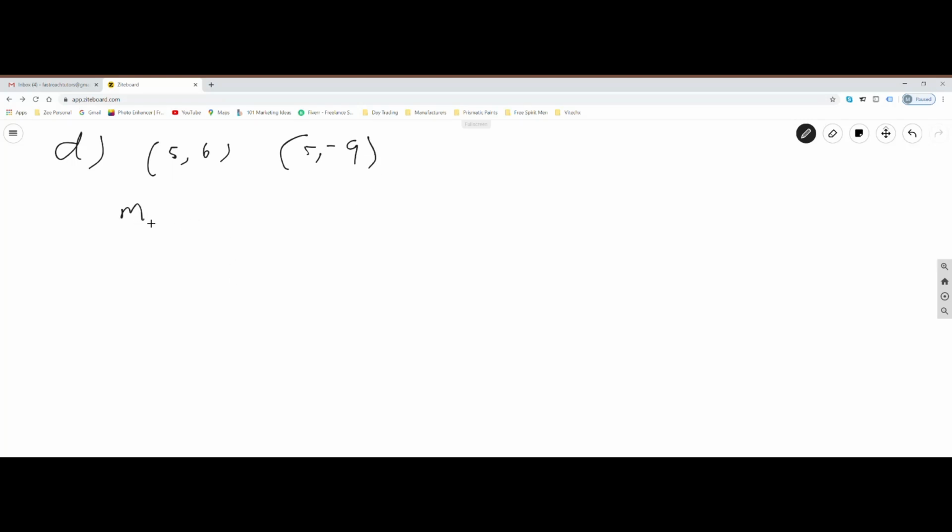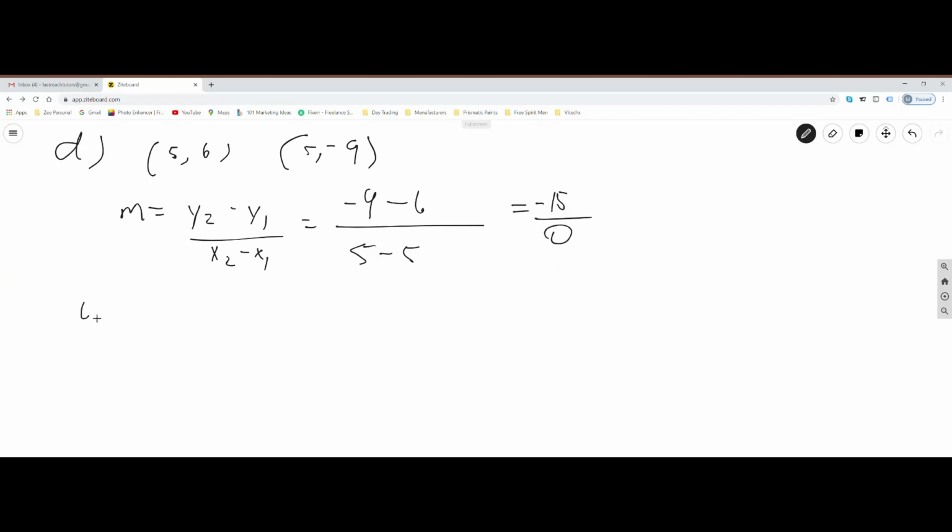So you have slope equals y2 minus y1 over x2 minus x1. So what do you notice about the x values? They're both the same. So let's say, for instance, we consider this to be y2. Yeah, -15 over 0. You cannot divide by 0, it's undefined.